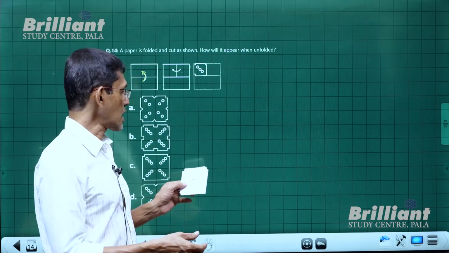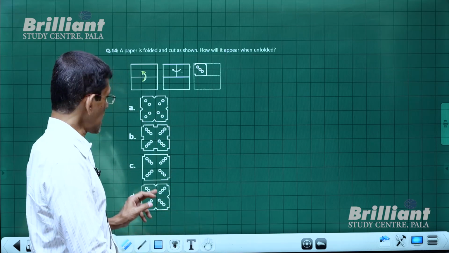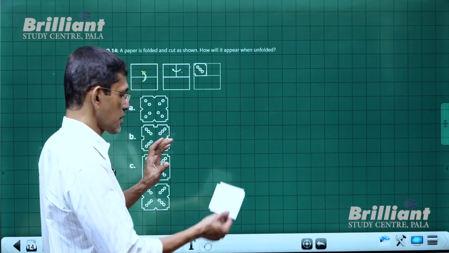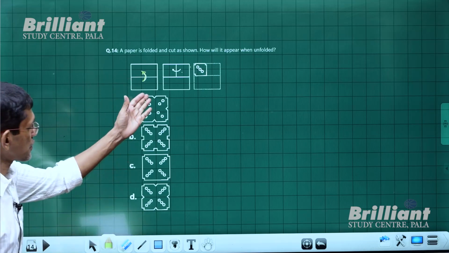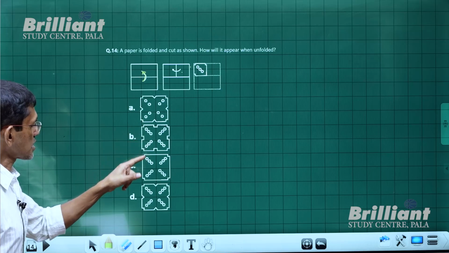Now just visualize when we open it, what is going to be the answer? Which of the images is going to appear on this paper? This paper resembles which of the images? Is it like this one here, this one here?